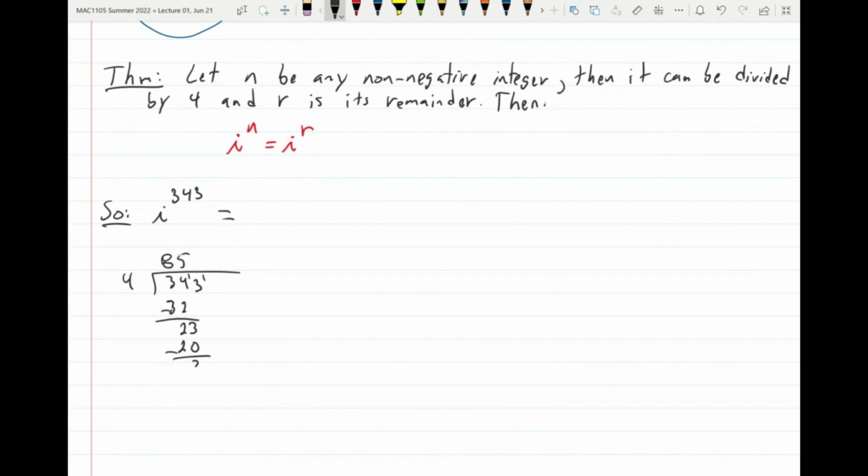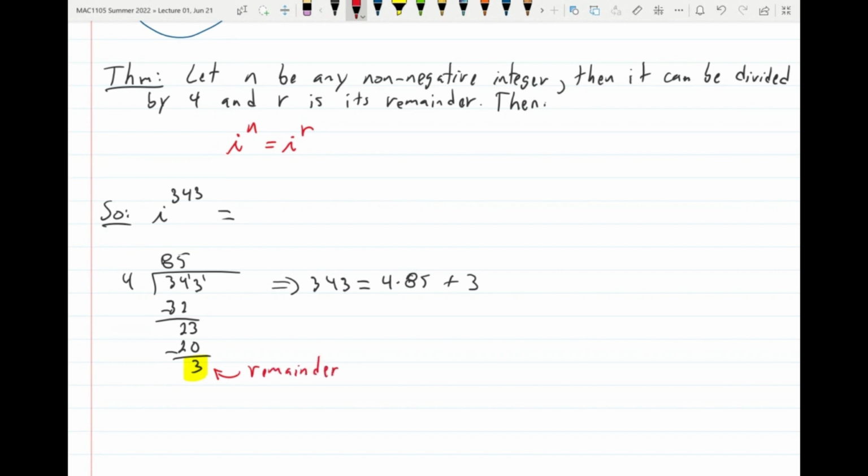We get 3 and we stop. We're doing integer division. So 4 fits into this number 85 times, and then there are 3 little items left over. This means that 343 can be written as 4 times 85 plus 3. In other words, the remainder is 3.